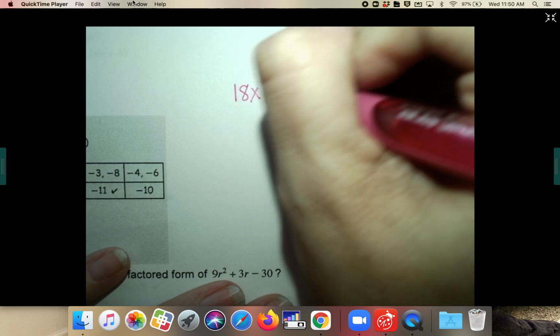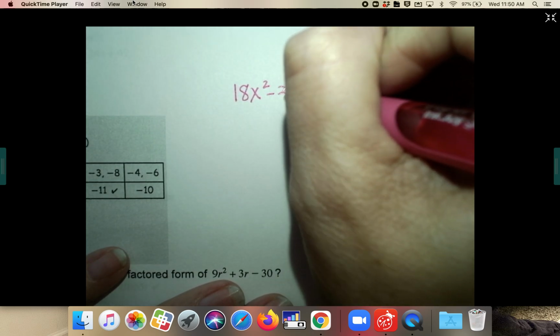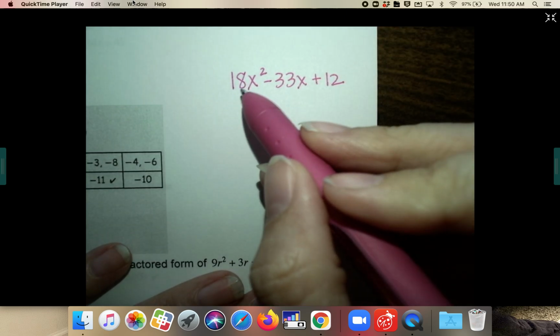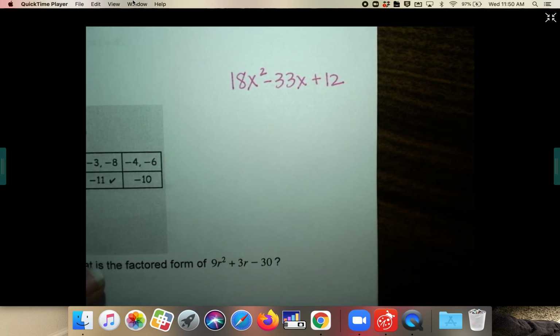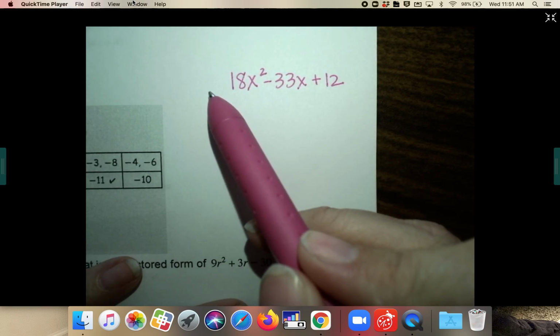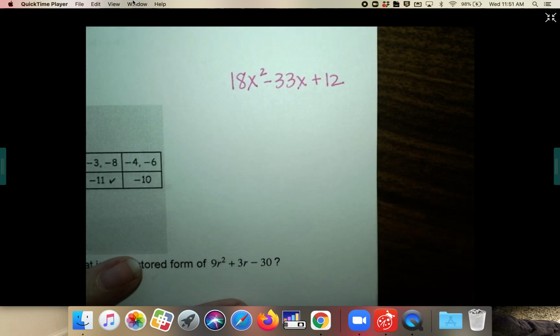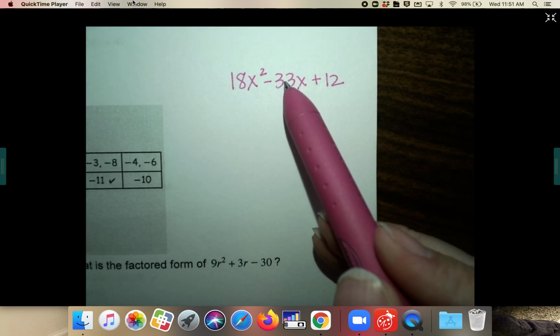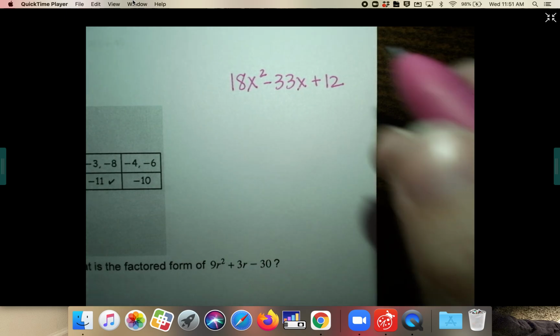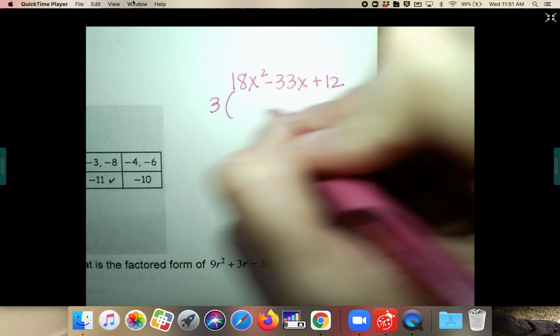So 18x squared minus 33x plus 12. If I multiply 18 times 12, those are really big numbers. So I'm going to first check and see if there's a greatest common factor we can pull out of these terms. I believe it is going to be 3. I can pull a 3 because that'd be 11. Let's pull out a 3.